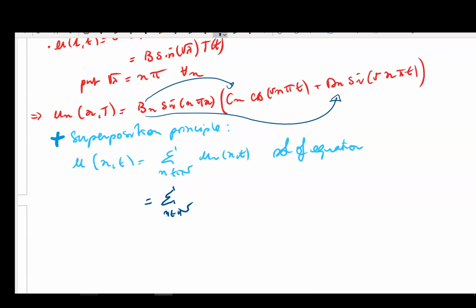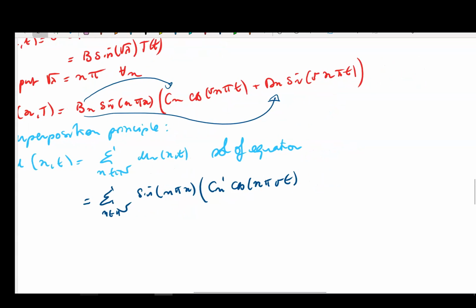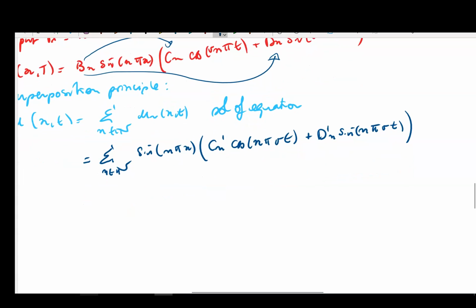So actually, I just have those two products to find. All right, so let's write these as C_n prime and D_n prime. So I've got sine n pi x times C_n prime cosine n pi v t. Let's write it in that order, it's easier to write. Plus D_n prime sine n pi v t. Okay, so that's it. Now I have to fit my initial condition.